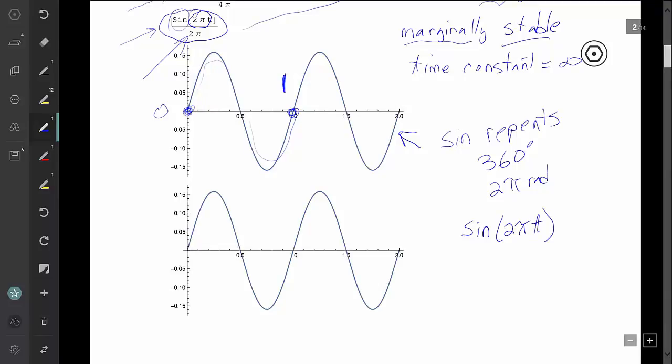So this thing will repeat whenever this goes through every 2 pi. So what time will that be? 2 pi times t equals, when is it 2 pi? It's pretty obvious. Time is 1. So this will repeat when the time is equal to 1 second. And that's what you see up here. It's repeating when the time becomes 1 second.